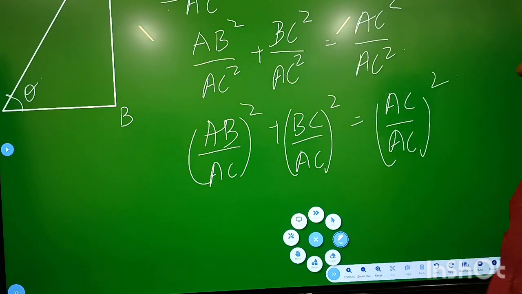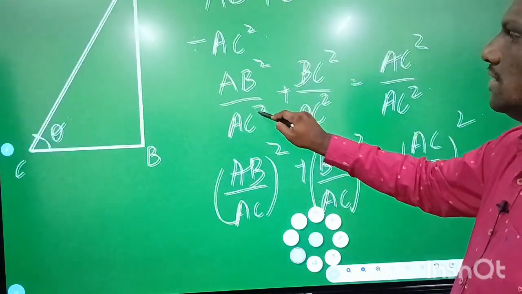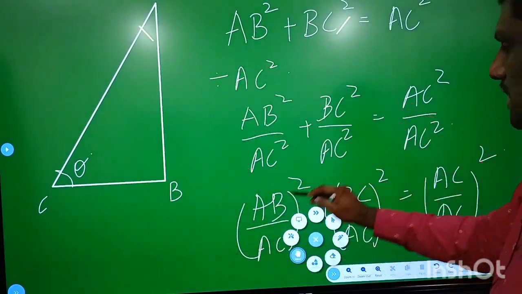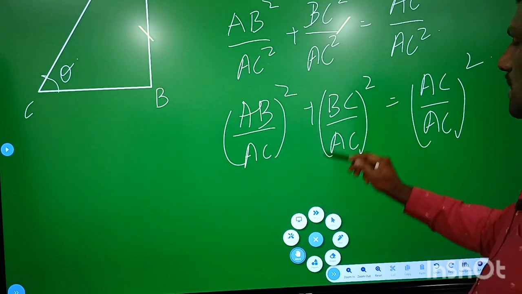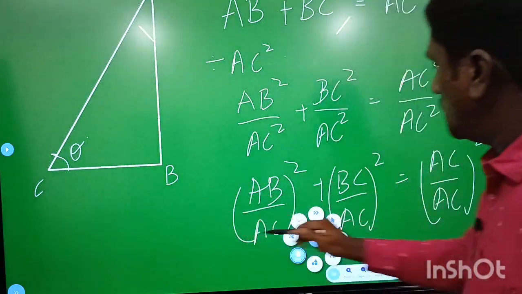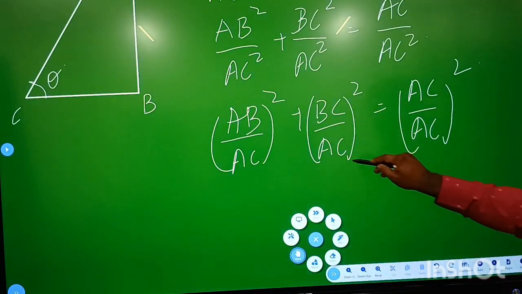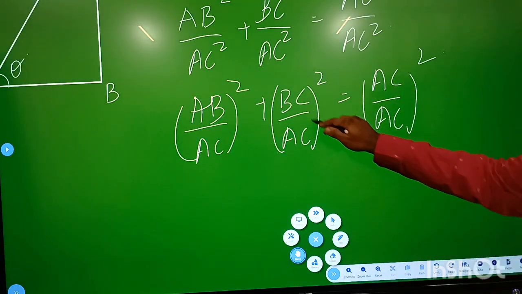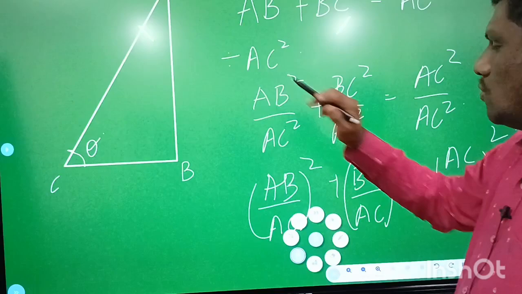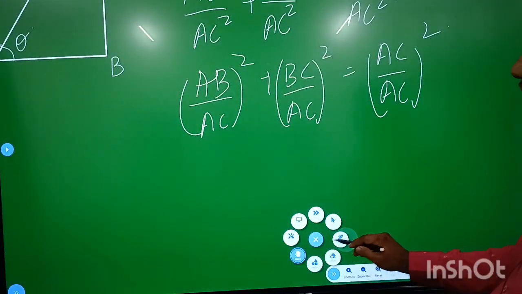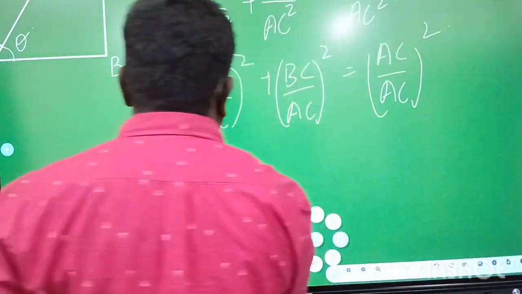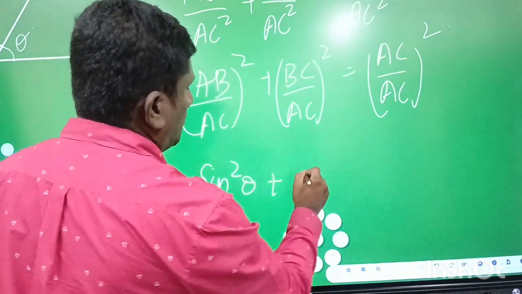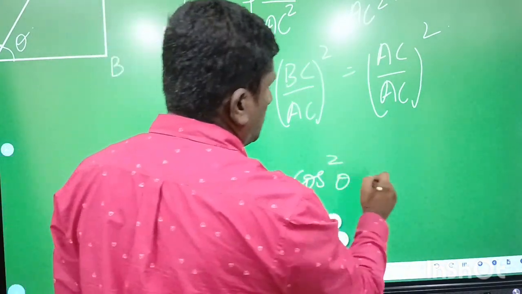So it's understood that in this particular triangle, AB by AC is sin theta, and the adjacent side BC by AC is cos theta, and AC by AC square is 1. So there is no need for confusion. Now we can write sin square theta plus cos square theta is equal to 1.